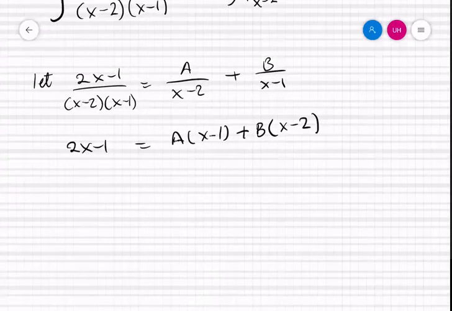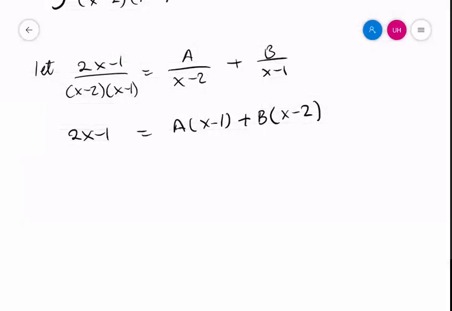Right, we need now to make them equal 0 to find the values of a and b.